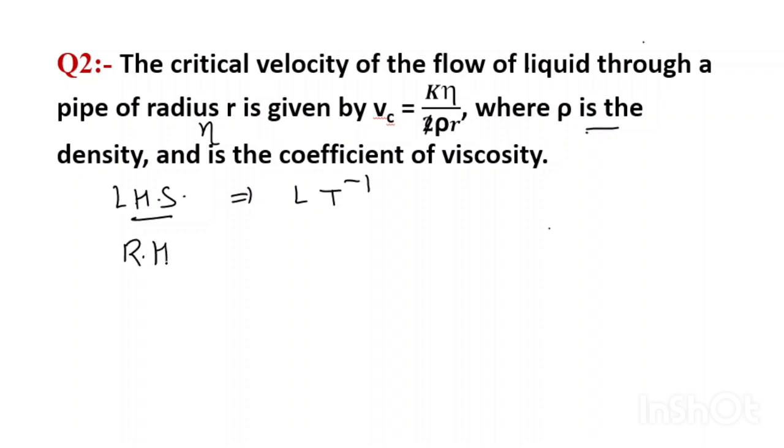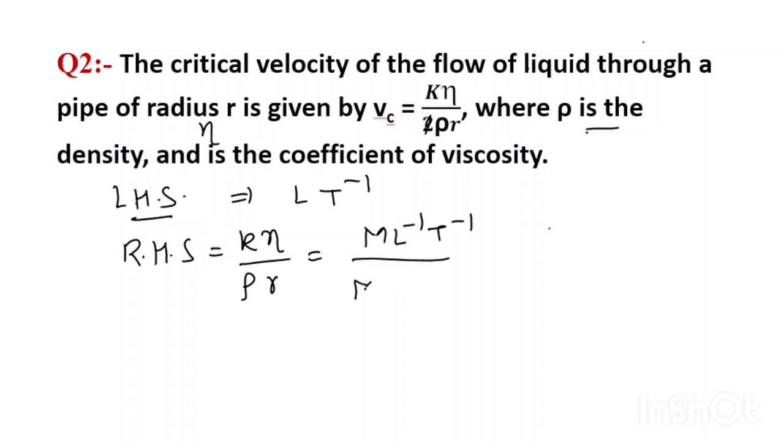Now come to right hand side. Right hand side, K constant, eta upon density into r. Now the dimension of coefficient of viscosity is M L minus 1 T minus 1 upon density M L minus 3, radius L. M cancels out. Now the term on the right hand side is L minus 1 T minus 1 and in the denominator L power minus 3 plus 1.